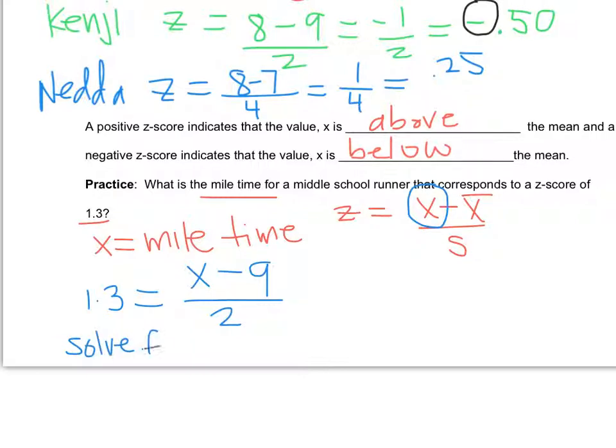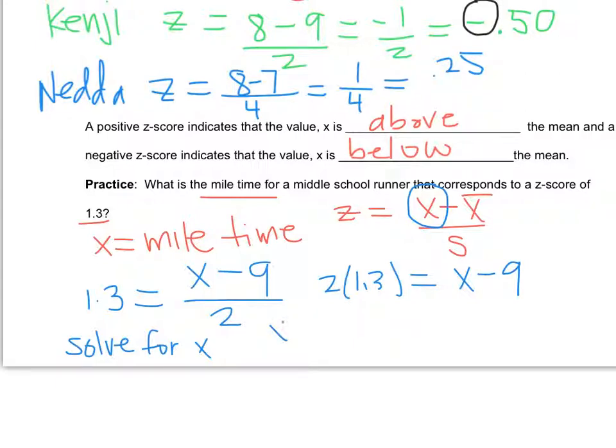Okay, so we multiply both sides by 2. So 2 times that 1.3, and then 2 times the right side is just going to cancel out. And so we get 2 times 1.3 equals x minus 9.